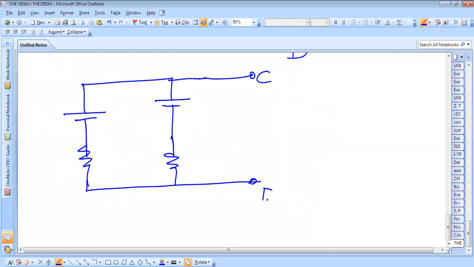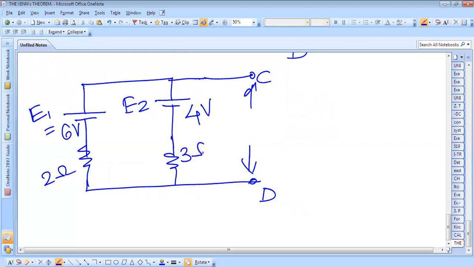This is C and D, and now this is open. This is E1, which is given as 6 volt, this is E2, the 4 volt source, and this is 2 ohm and this is 3 ohm. Now we have to find the current flowing through this branch, this loop.